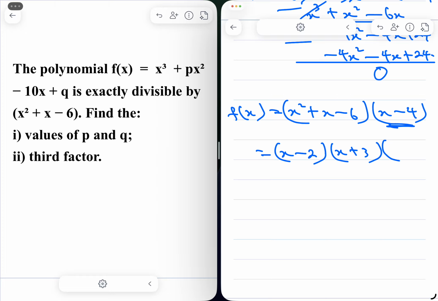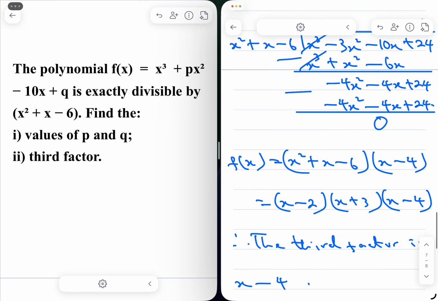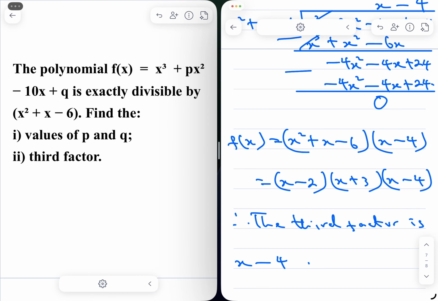And this is the third factor, x minus 4. So if you like, you can write it: therefore, the third factor is x minus 4. And that's it, very, very simply.